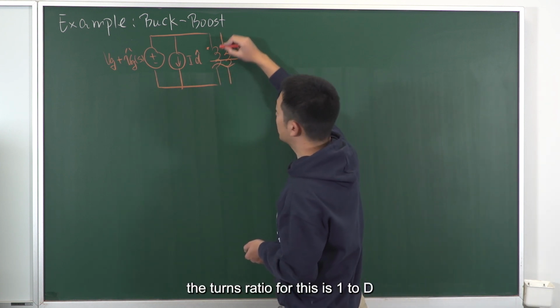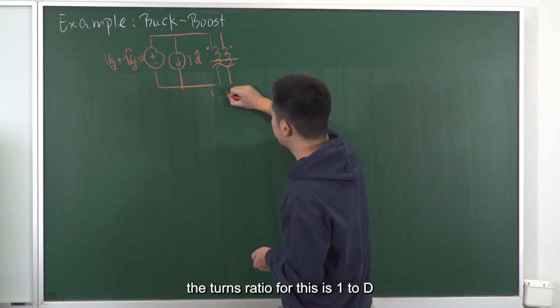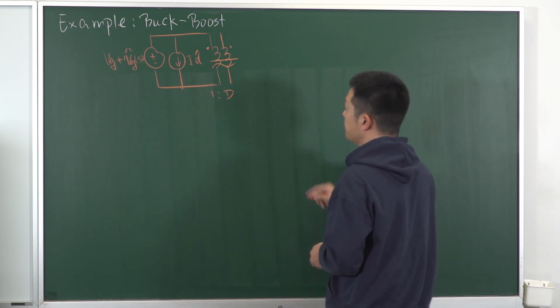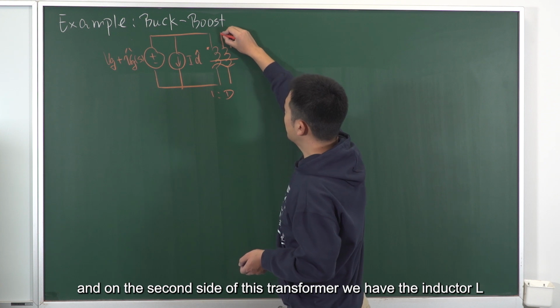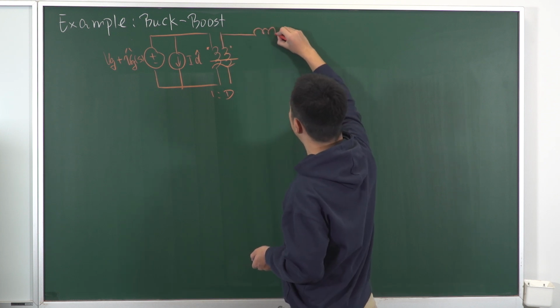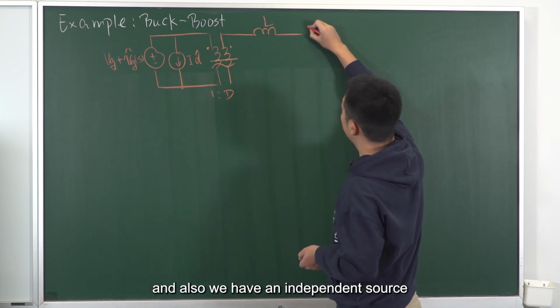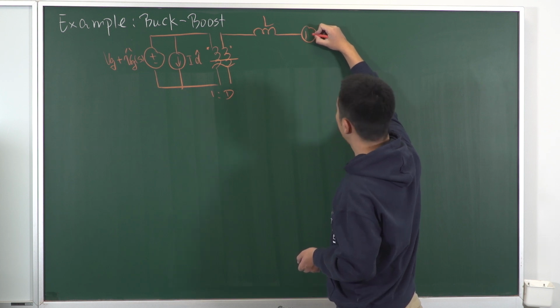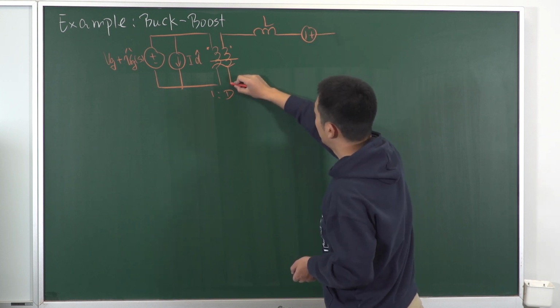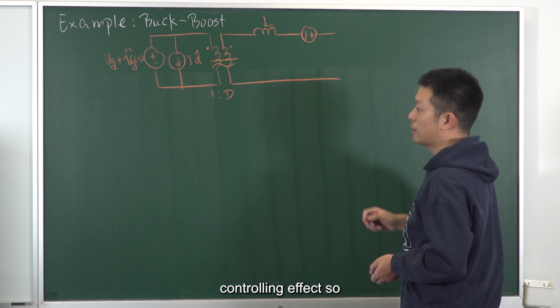The turns ratio for this is 1 to D. On the secondary side of this transformer, we have the inductor L. And we also have an independent source which reflects the controlling effect.